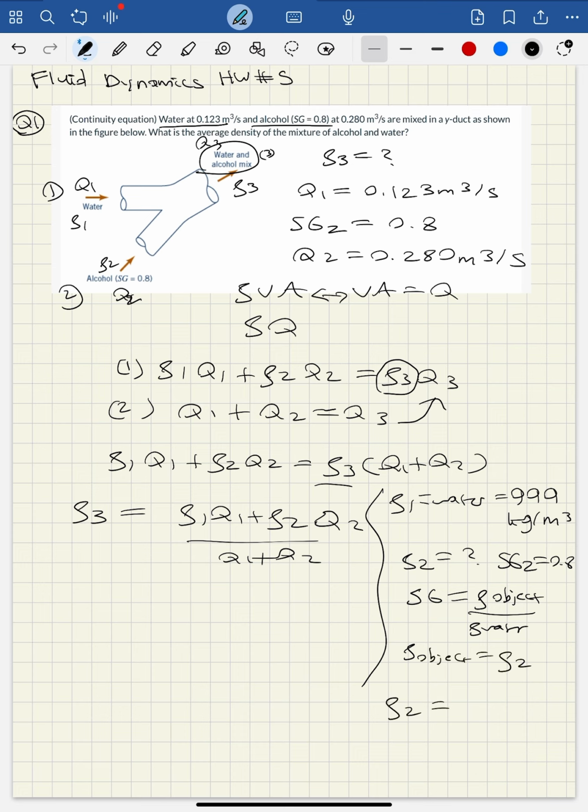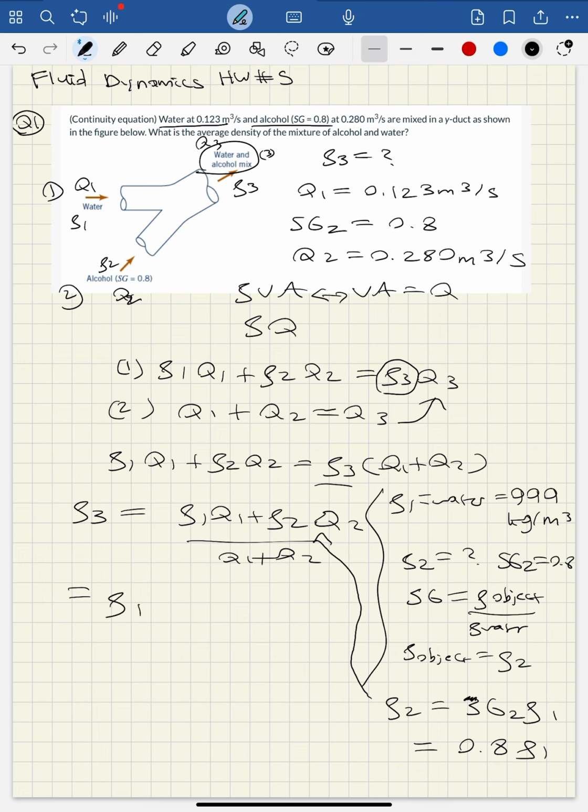So density 2 is going to be equal to your specific gravity 2 times the density of water, which is density 1, right? And this is an S, sorry, that looks like a 3. So this is going to be 0.8 density 1, right? Let's go ahead and plug this in to here, and that would give us density 1.